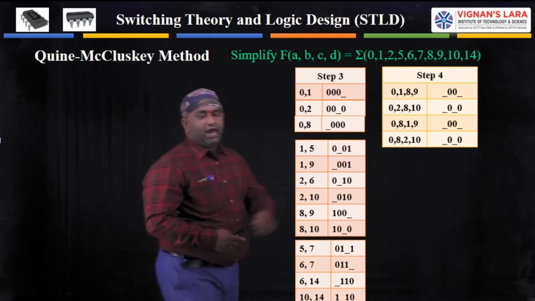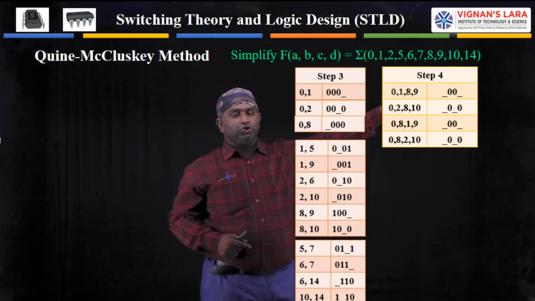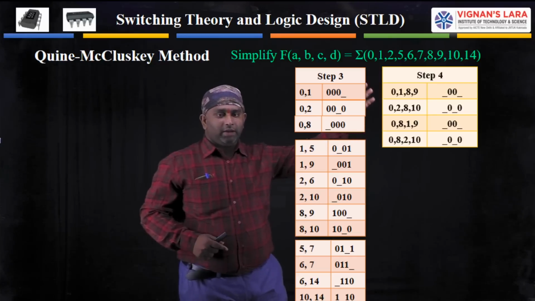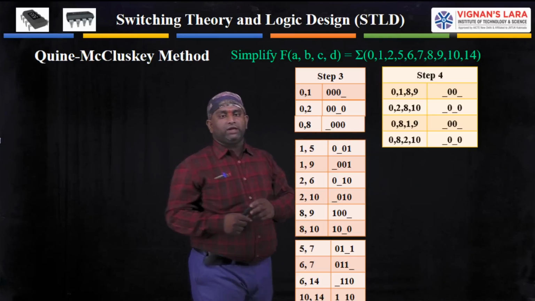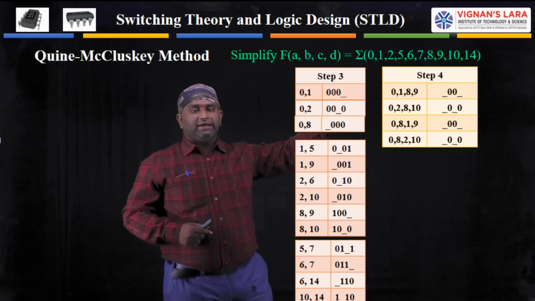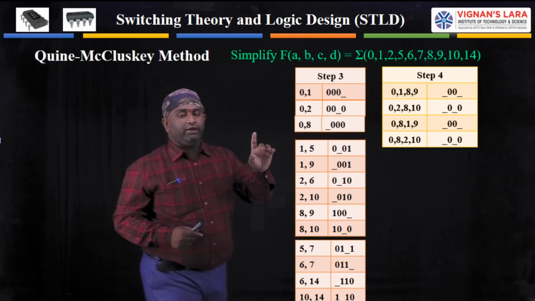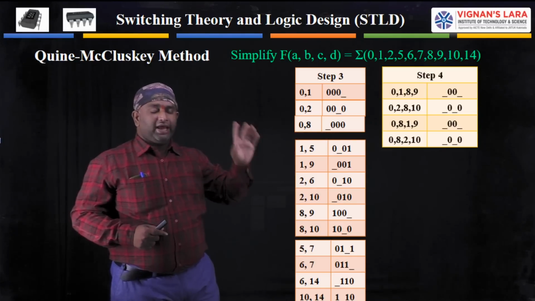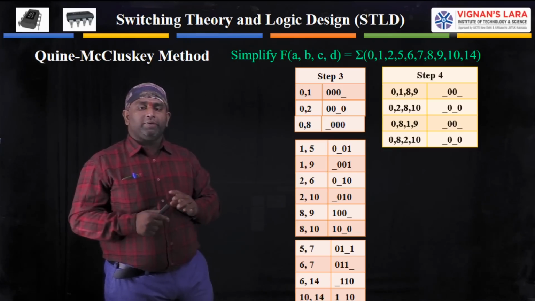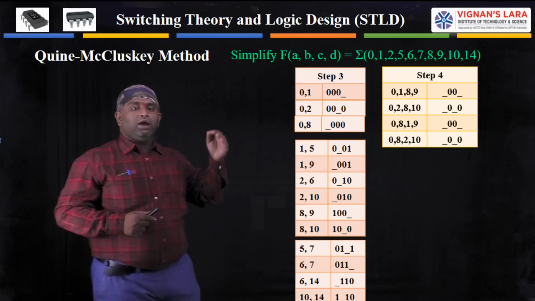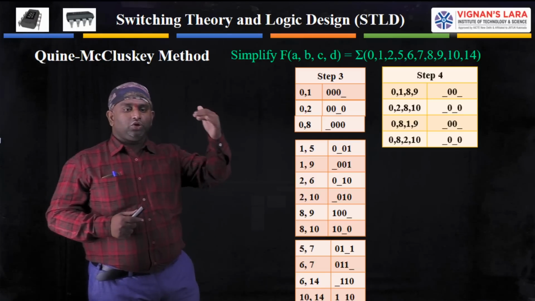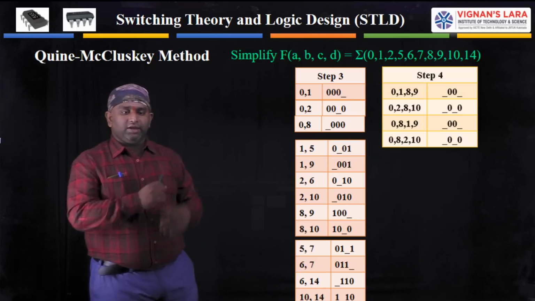So see here, I have written 0 comma 1 comma 8 comma 9, and I have written dash 0 0 dash. That is the combination I have written from 0 comma 1 and 8 comma 9. Next, 0 comma 1 and 8 comma 10. Is there any combination?